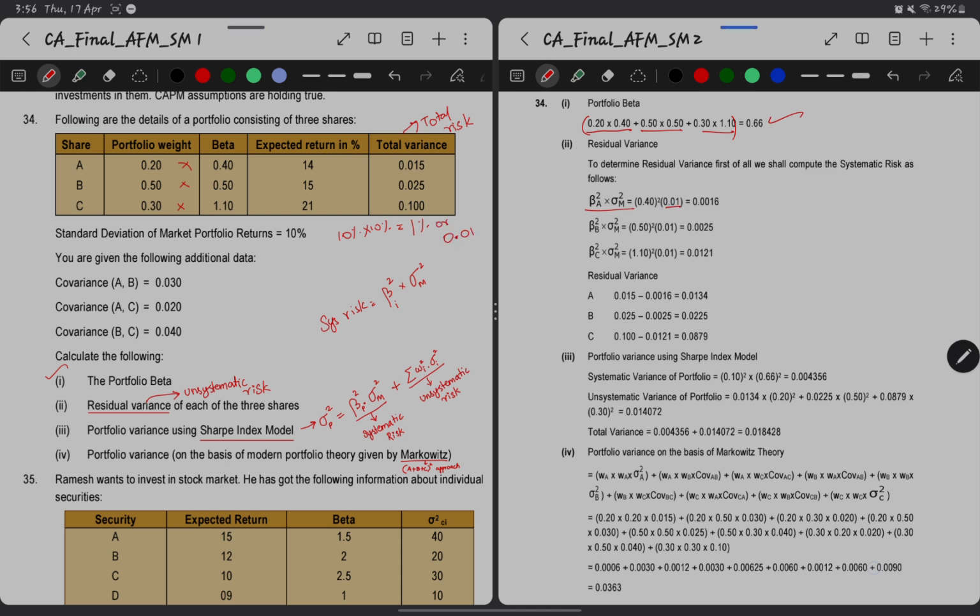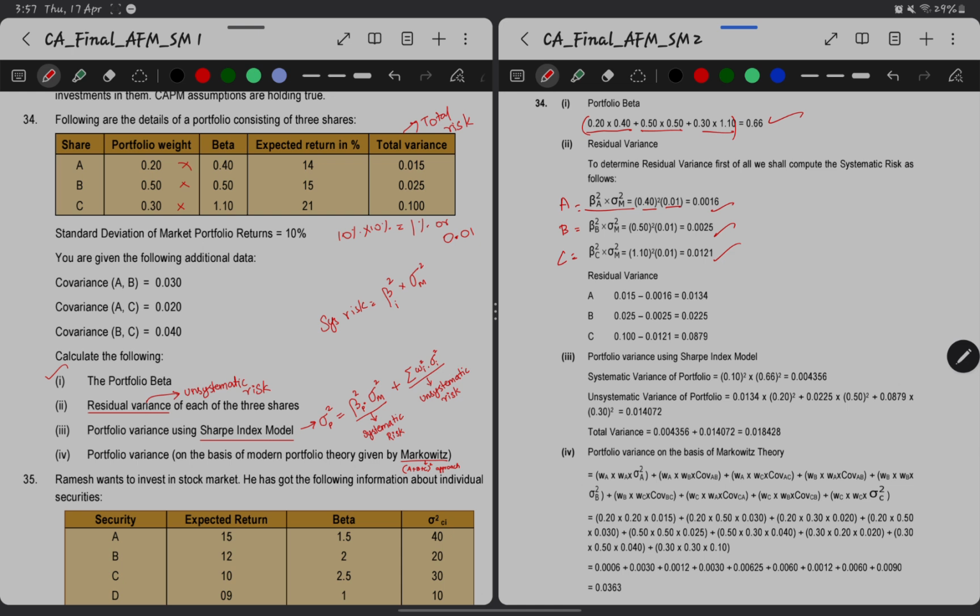That is what they have multiplied with the beta square, so that will give us 0.0016. This is for share A, and for B it is 0.0025, so 0.5 squared multiplied by the variance of market return, 0.01. This is for C, which is nothing but 0.0121.